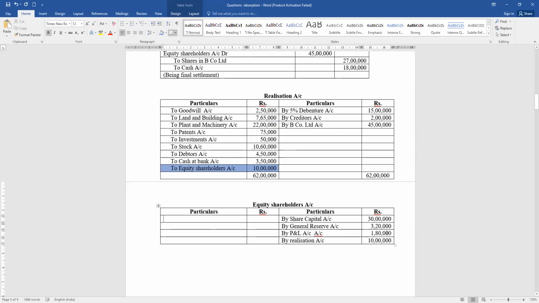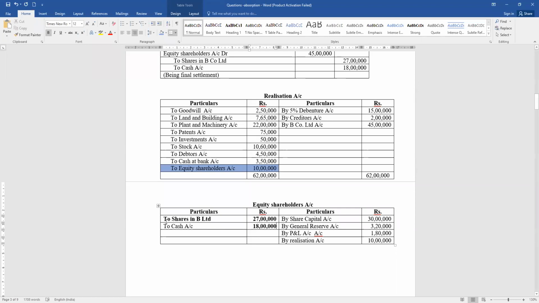Okay, next settlement. What you are going to settle? You are going to settle shares in B Limited, 27 lakhs. And not only that, you're going to give cash also, 18 lakhs.